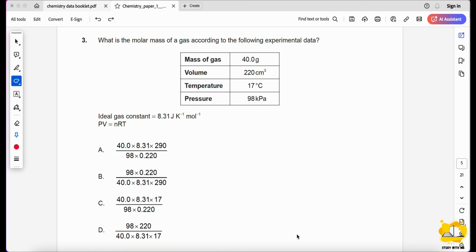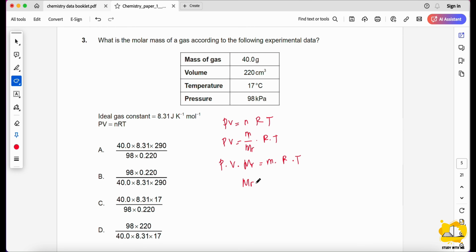What is the molar mass of a gas according to the following experimental data? The equation is given here, PV equals nRT. Asking for molar mass, we need to derive the formula, M divided by Mr. Okay, and then we rewrite the formula.